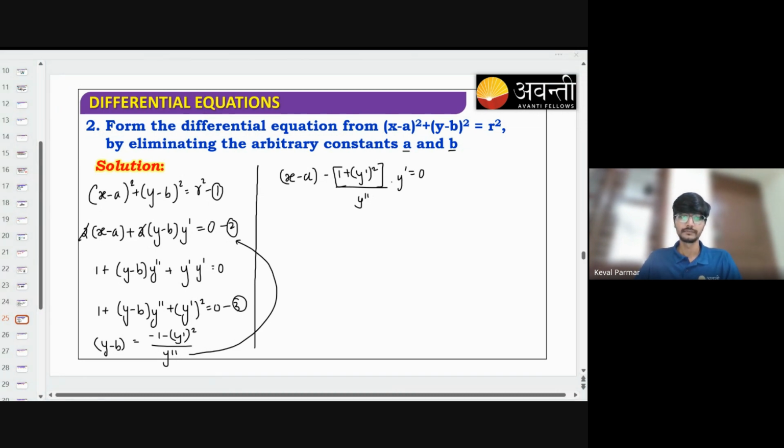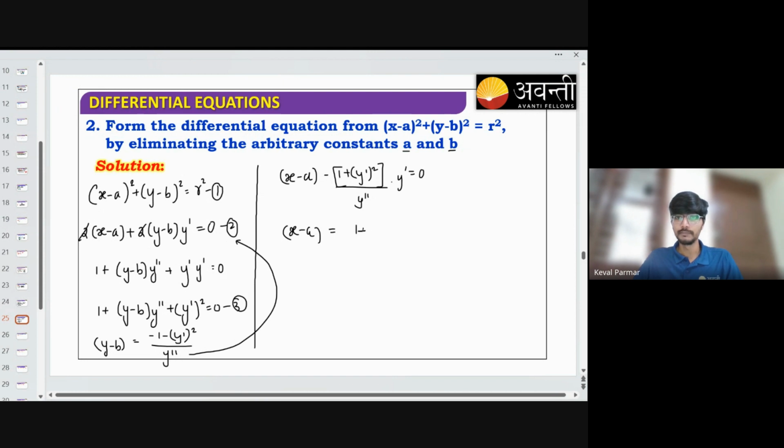Correct? Did I make some mistake? So from this, I can get x minus a. I just have to shift it to the right hand side.